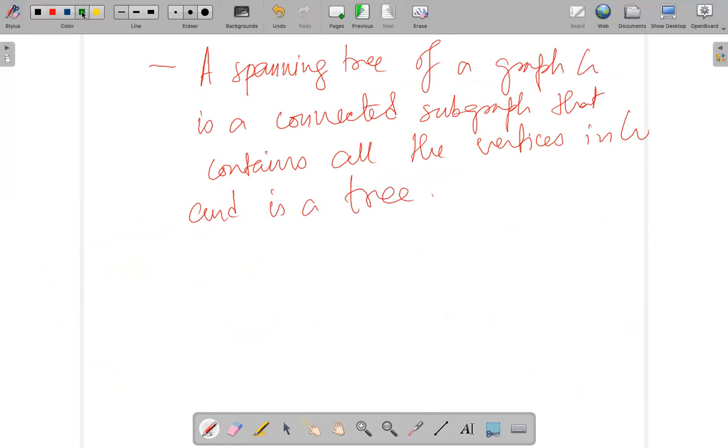So it will contain all the vertices. This is a special type of subgraph that will contain all the vertices in G and is a tree. Let us define the next concept before we go to seeing an example.